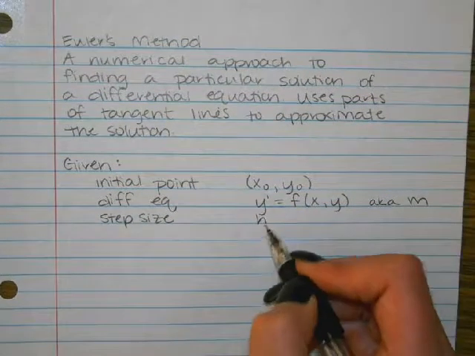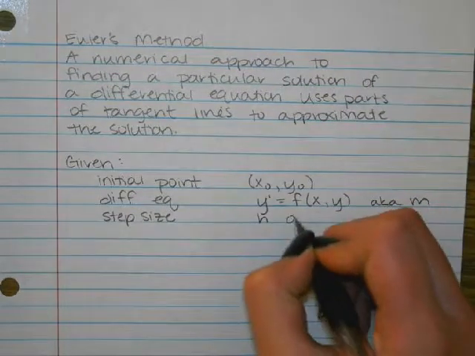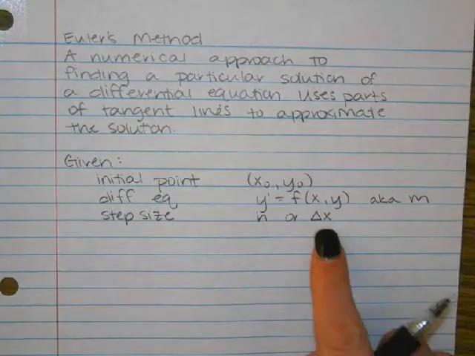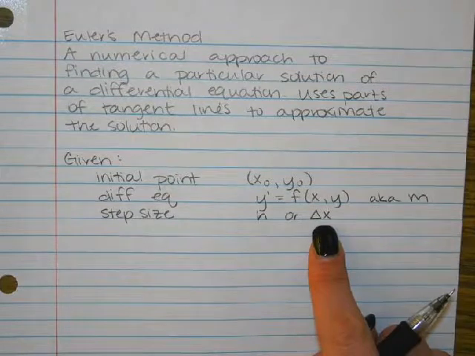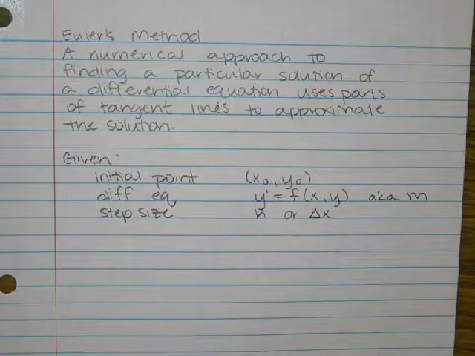That's what they mean there. Or they call it delta x. Do you guys remember what delta x means from back in the day? Change in x. Yep, it means change in x. So that's the information that you're going to be given.